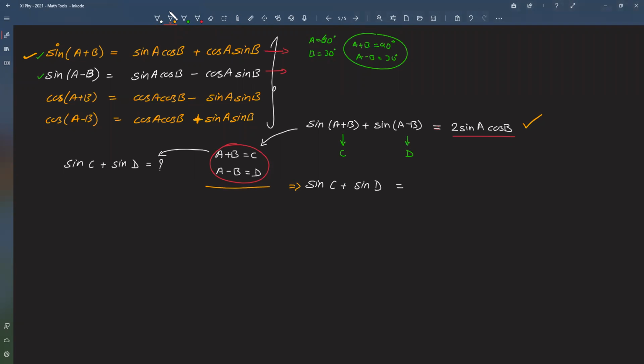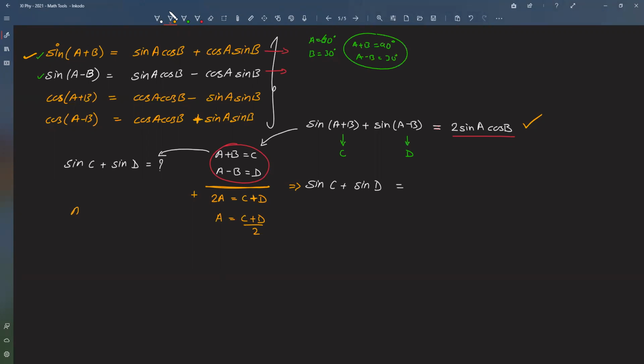So these two equations which you have got, if you add them, you will get 2A equals C plus D. If you add them, B and B will get cancelled. So from here, A is C plus D divided by 2.